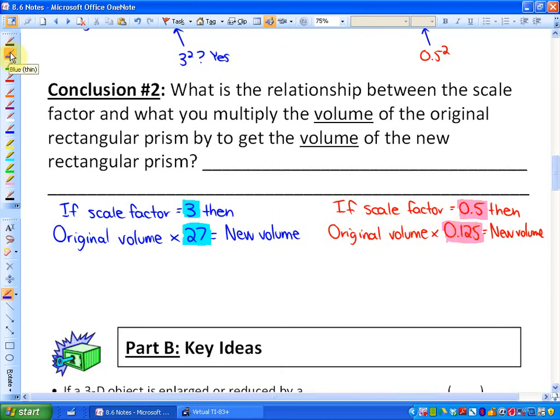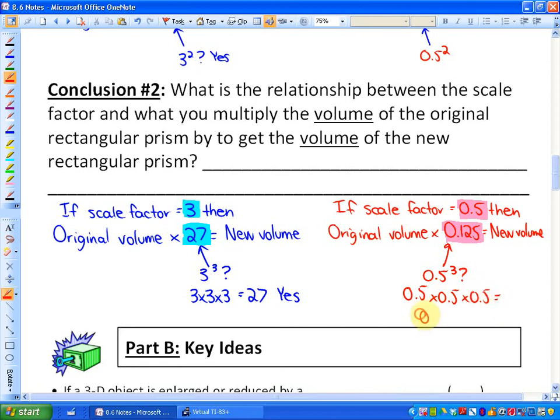Okay, the relationship is the following. Since volume is a cubic type of unit, you may have presupposed or just guessed that this is 3 cubed, or in other words, a scale factor cubed. And 3 times 3 times 3 is 27. So the answer there is yes. Or in other words, to test your hypothesis, is this 0.5 cubed, or the scale factor times itself 3 times?